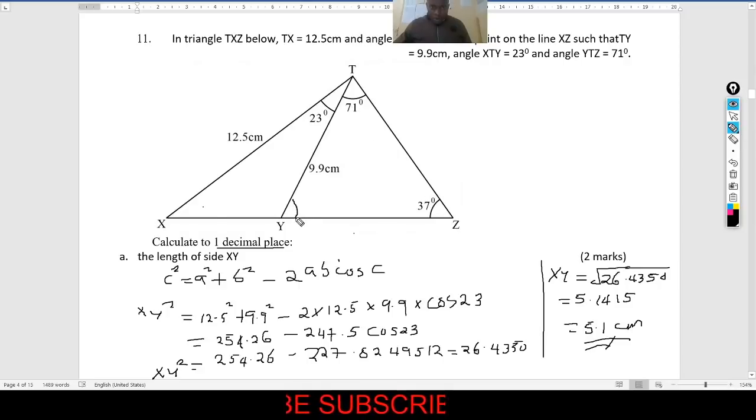I need angle TYZ, which is equal to 180, because the sum of angles of a triangle add up to 180, minus 71 plus 37. Now 180 minus those angles gives you 72 degrees.